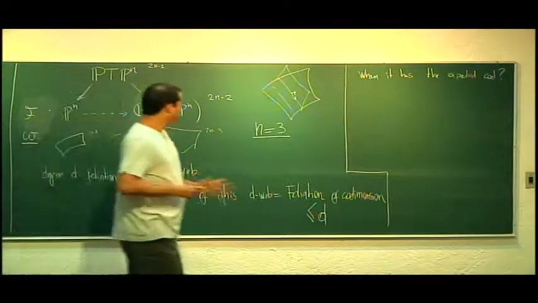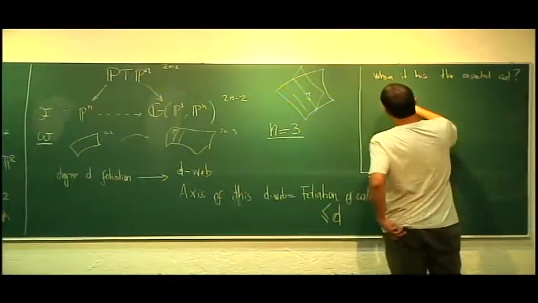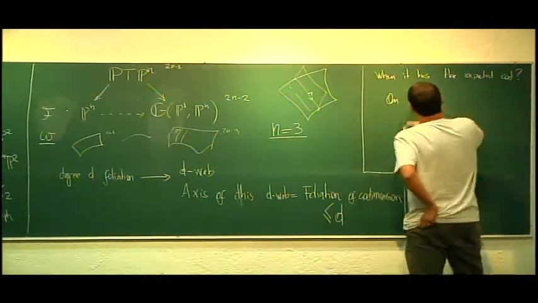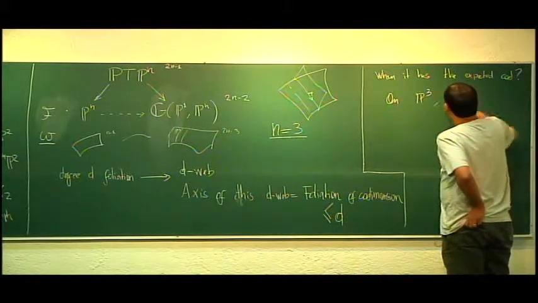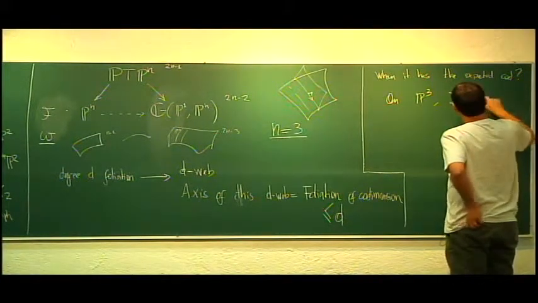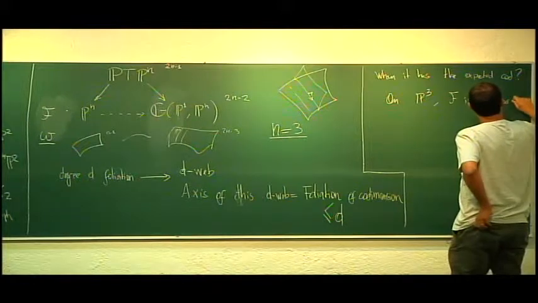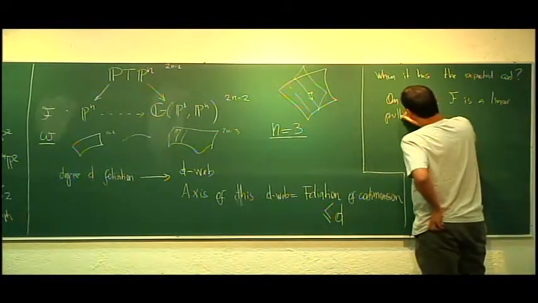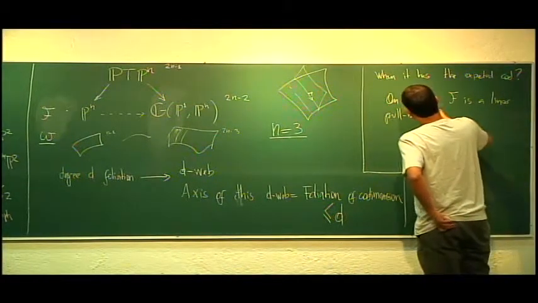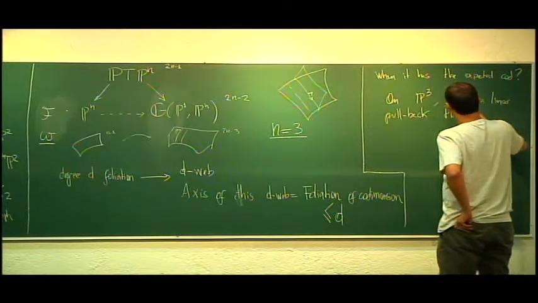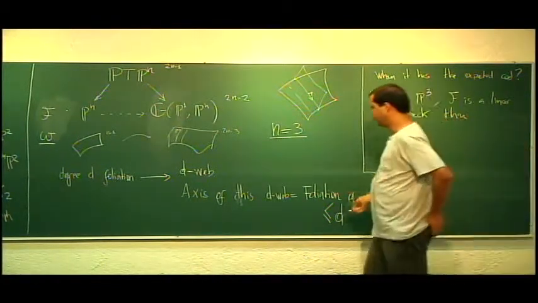And note, for instance, if I am in P3 and I have a foliation F that is a linear pullback, then let's give a name to this guy.